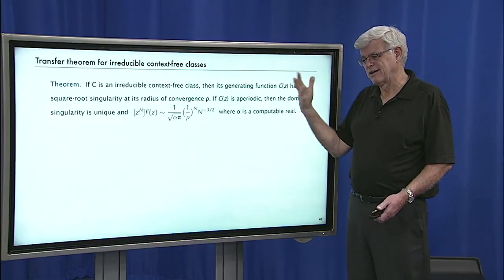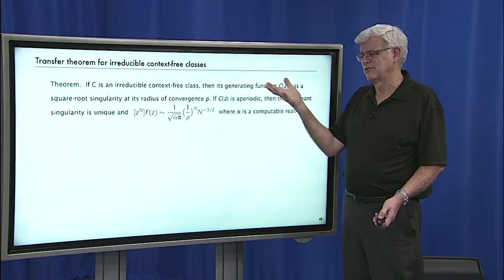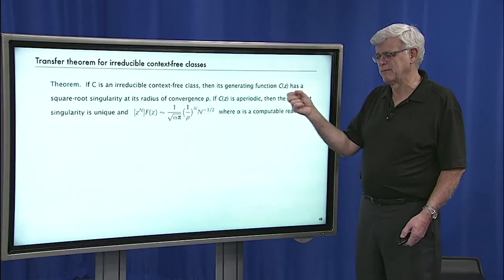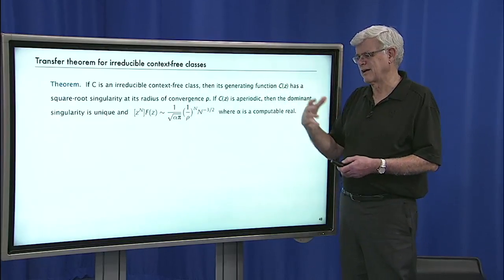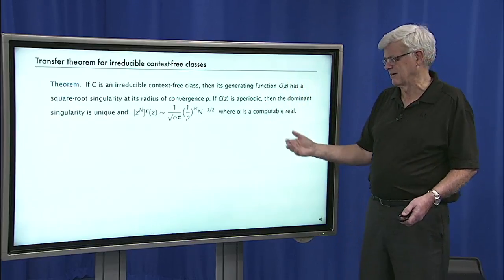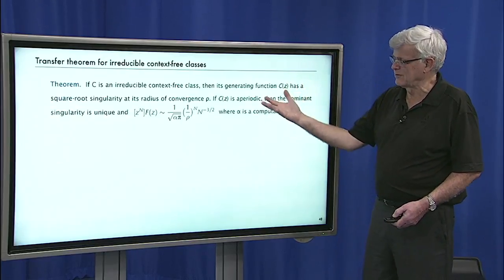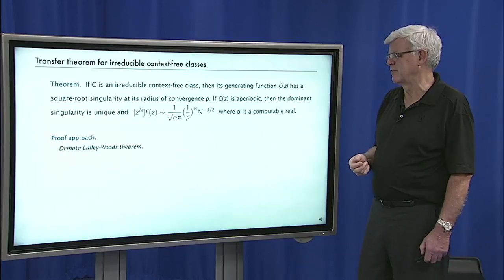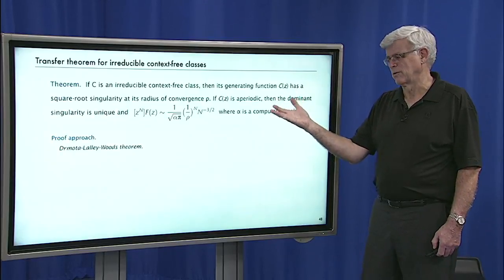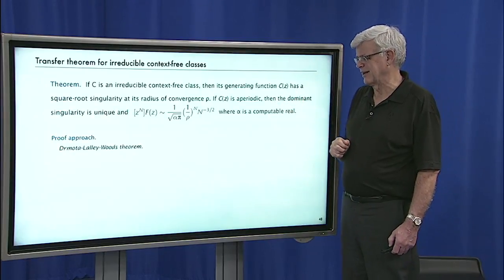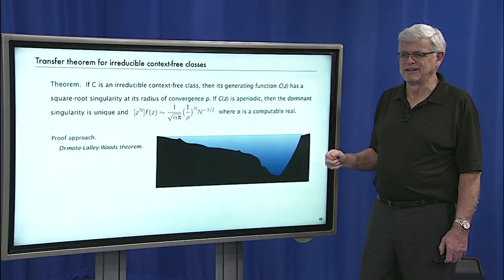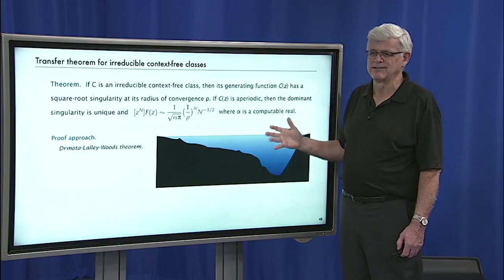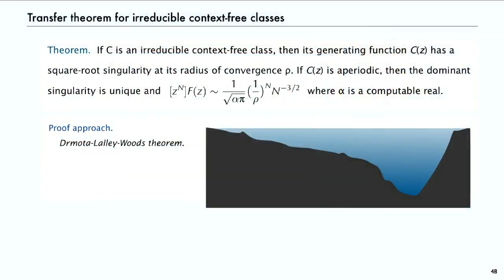At a very high level, it's maybe understandable that it would be that way, because a derivation in a context-free grammar is kind of tree-like. But still, this is a very deep theorem. The basis for it is something called the Drmota-Lalley-Woods theorem, and that's very, very deep water that I'm not even going to try to characterize in this introductory treatment of analytic combinatorics.